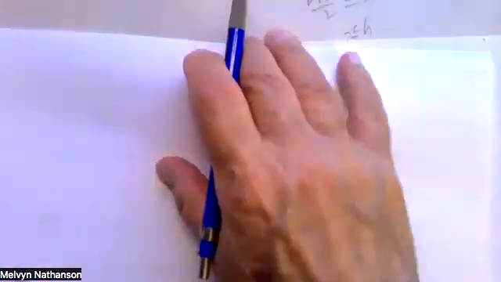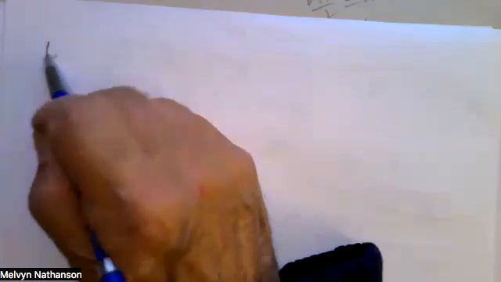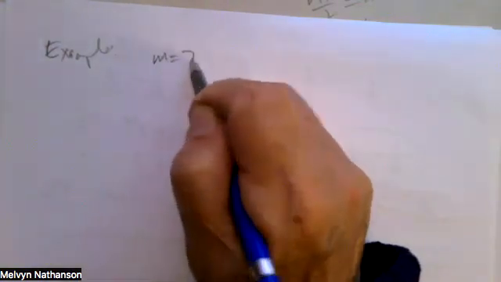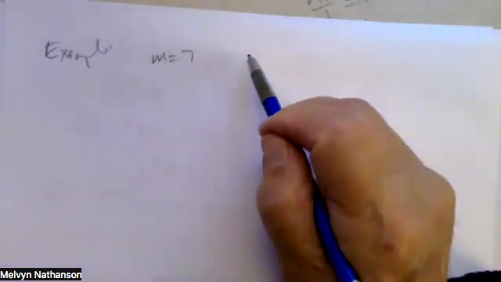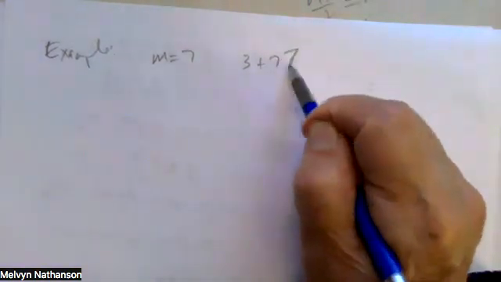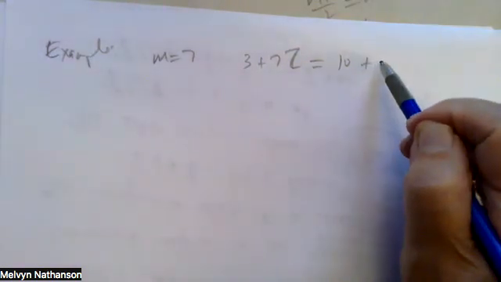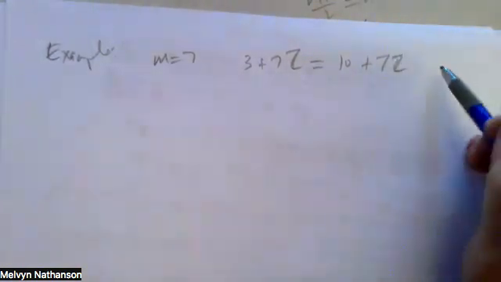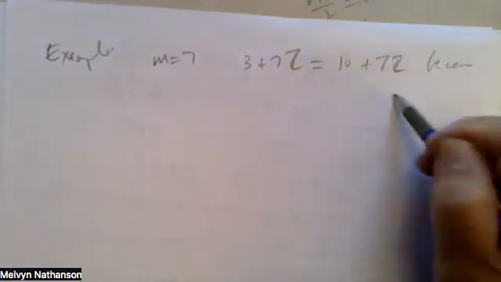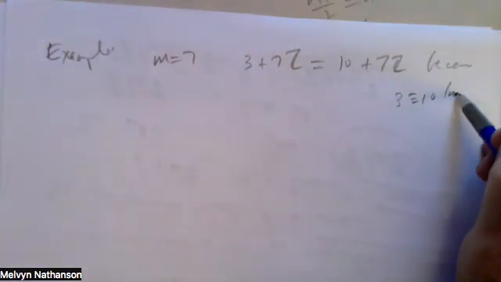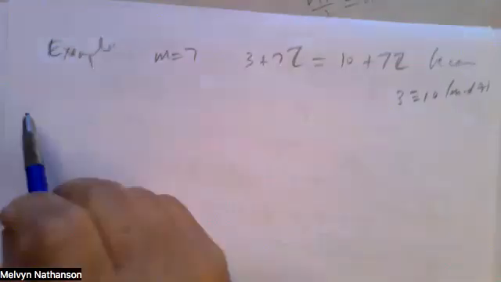And again, just to make sure, for example, if I take m equal to 7, there's the congruence class of 3 mod 7, which is exactly the same as the congruence class of 10 mod 7, because 3 is congruent to 10 mod 7.